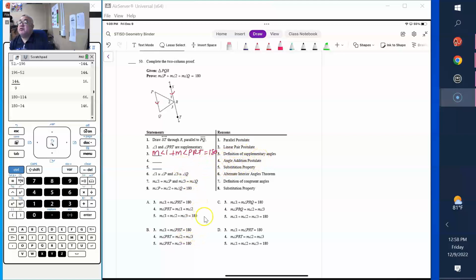The next one, we know that the measure of angle PRT is equal to the measure of angle 2 plus the measure of angle 3, and that's angle addition postulate. And now we're just going to substitute. So we have the measure of angle 1 plus the measure of angle 2 plus the measure of angle 3 is equal to 180. And that's substitution.